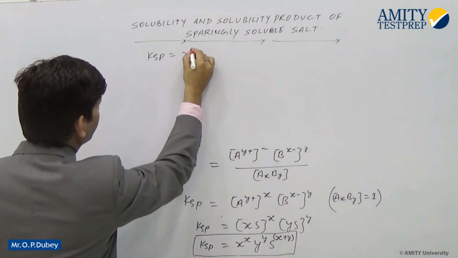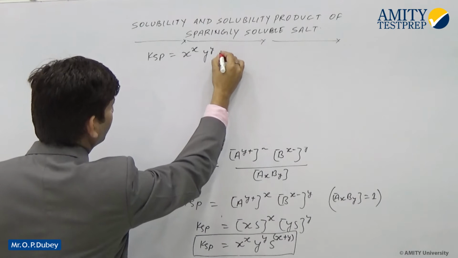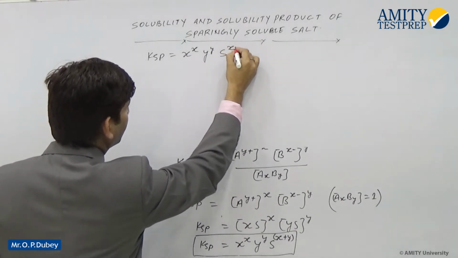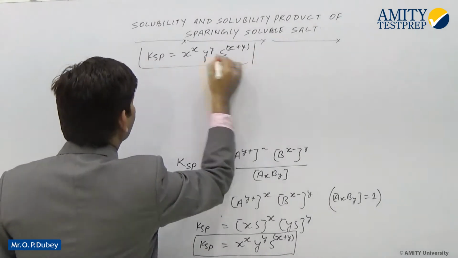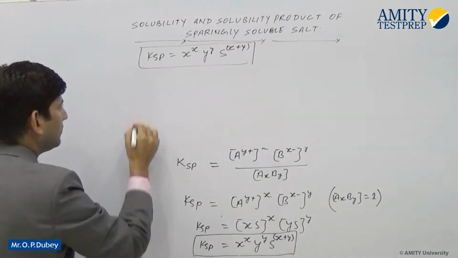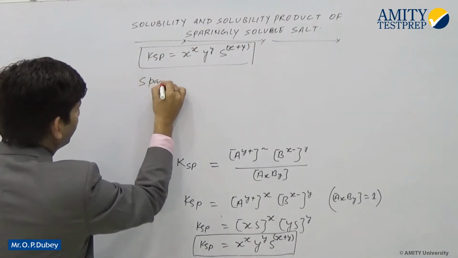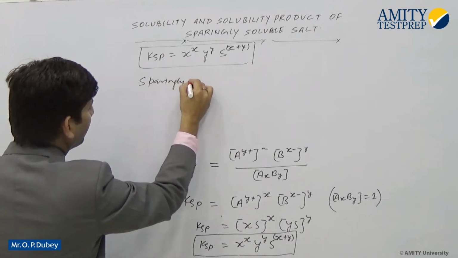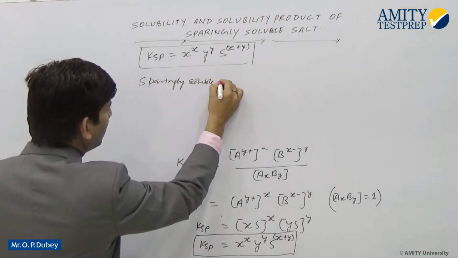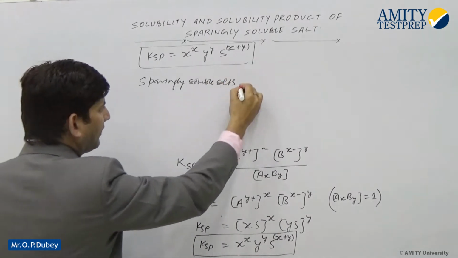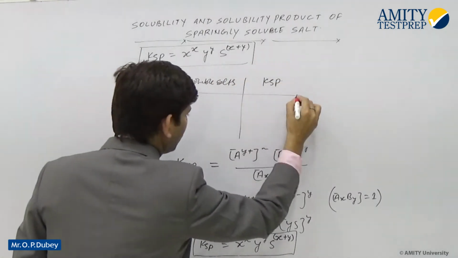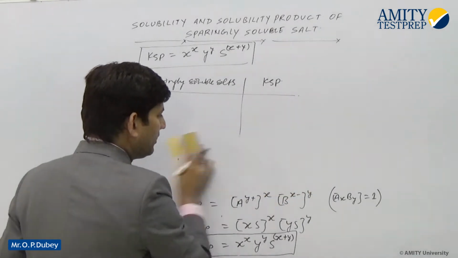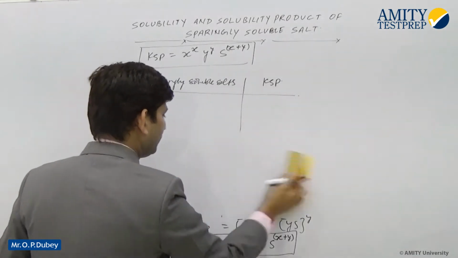Now consider different sparingly soluble salts and the expressions of Ksp for these salts.